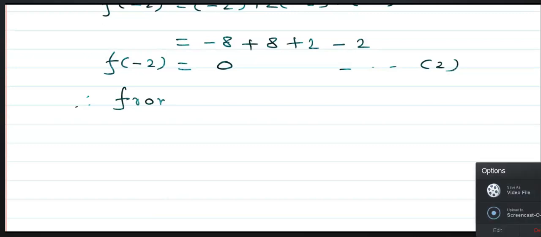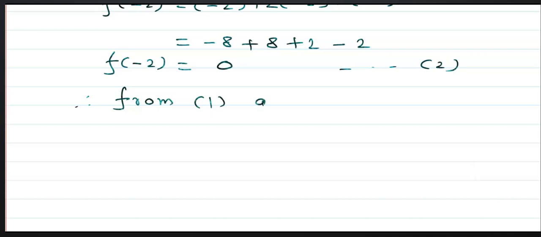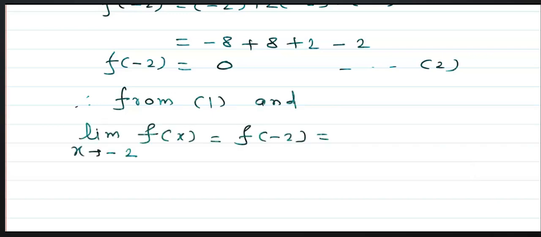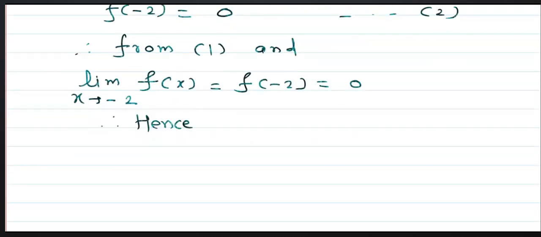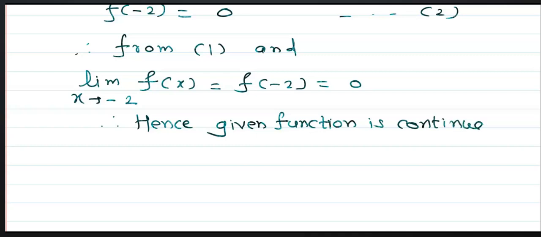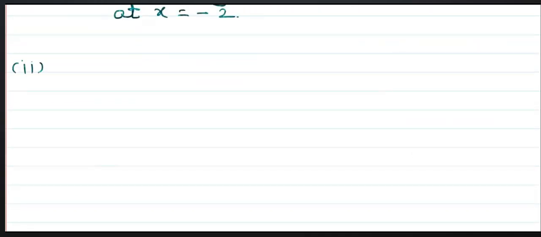Now the limit is also 0 and value is also 0. Therefore, by the definition of the continuity, the given function is continuous. Hence the given function is continuous at x is equal to minus 2.